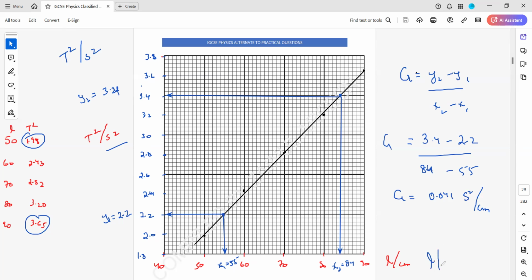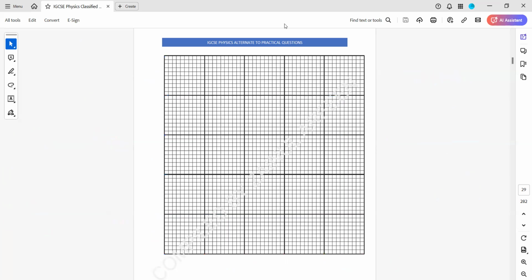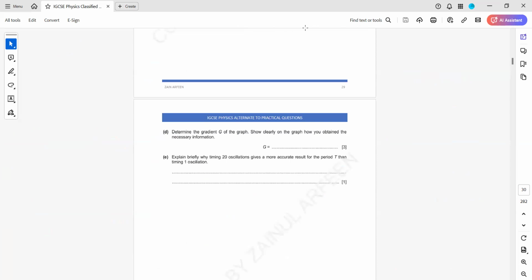The quantity is length and the unit is centimeter. So the unit of the gradient is always what is there on the y-axis divided by the quantity on the x-axis. So we will find the gradient here.